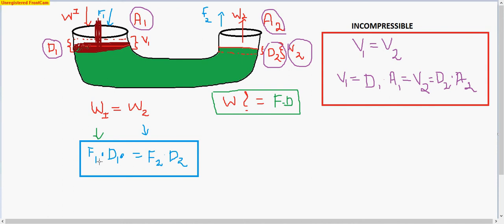So first of all, I take this equation and I'll write it once more. F1 d1 is equal to F2 d2. So what I'm about to do is something crazy. I divide and multiply the left hand side with A1.